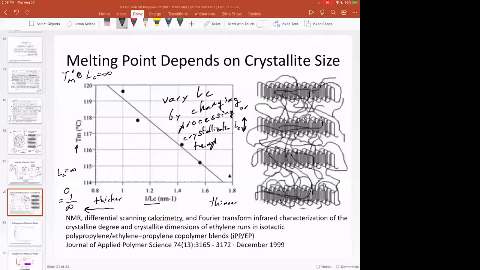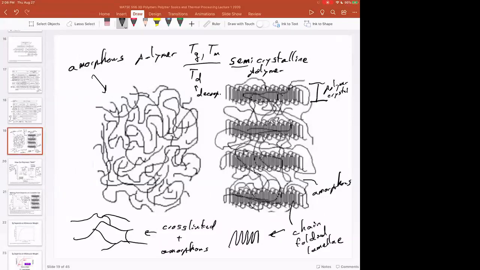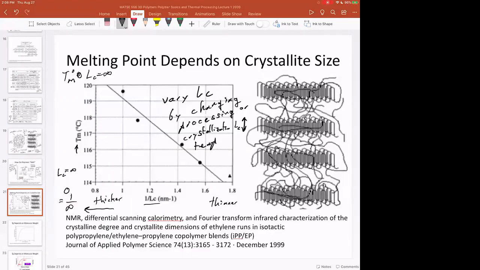So remember, this is also a picture of a polymer melt. When we're above TM, we don't have any crystals. And then when we go below TM, down to a TC, we get some crystals forming. But we get to pick that crystallization temperature. And so we can dial in our crystallization temperature to dial in the crystal thickness, and that dials in the melting temperature. And so those things are connected in polymers, and that's something that we can control.